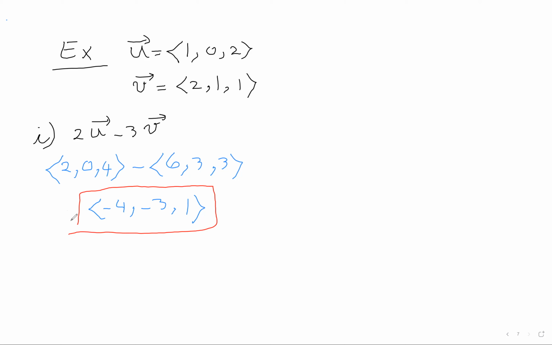And the second part of this is find the length of what we obtained, the length of 2U minus 3V. Again, please pause the video and try to do this on your own.